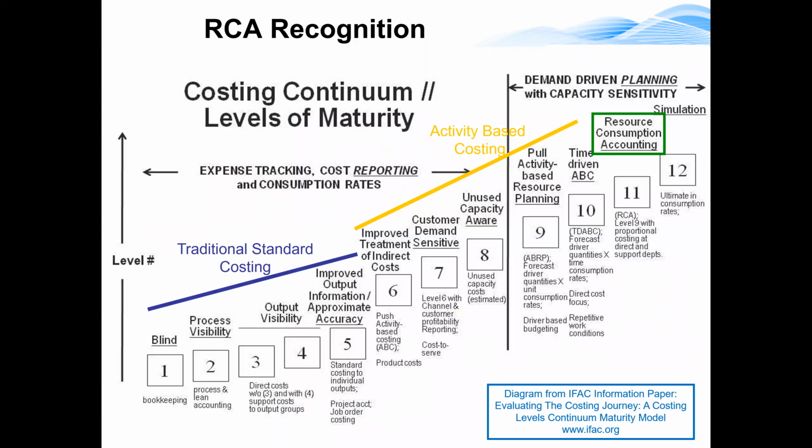So wrapping up, this diagram is from the International Federation of Accountants, a paper on a costing continuum. Resource consumption accounting was rated as the top method, just short of full real-time simulation.